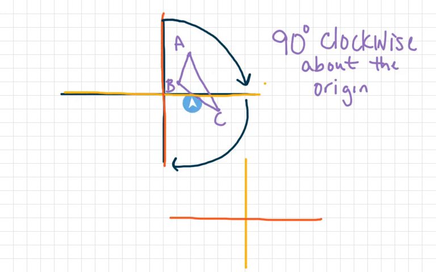So it's 2 to the right, and then I would go up 3. So if I turn it, I'm going 2 down and right 3. So that is where A prime is.